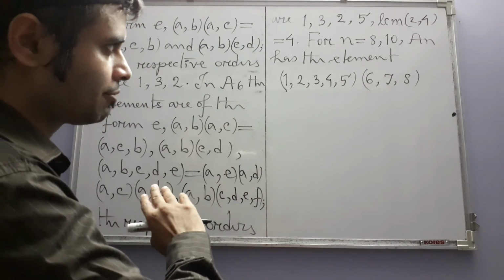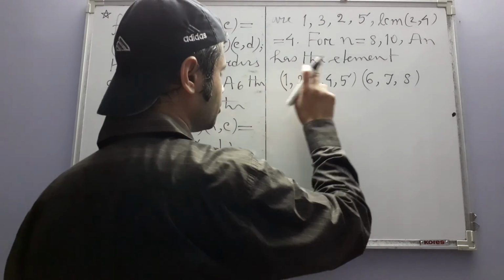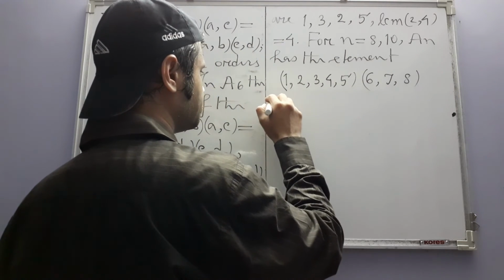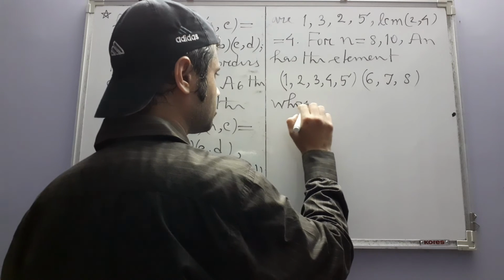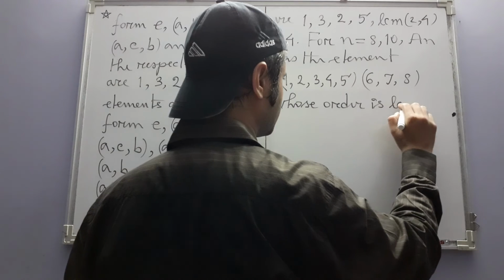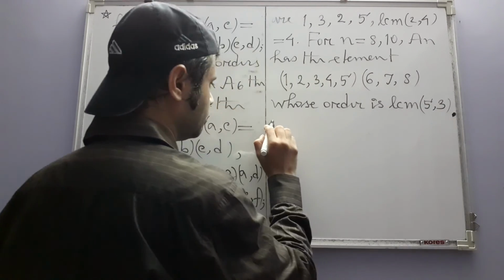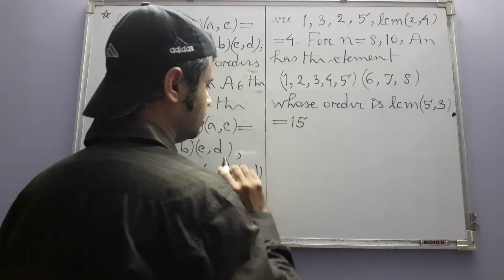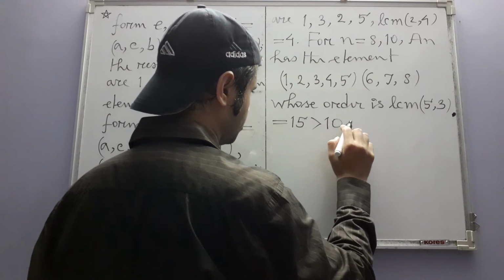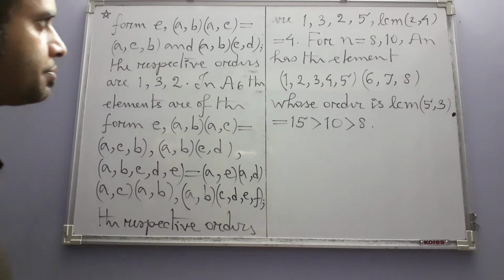When n is 10, you have 2 additional symbols, but you just don't use them. So in both A8 and A10, you will have this element whose order is the LCM of 5 and 3. This is equal to 15, and 15 of course is greater than 10. So automatically that is greater than 8 also. Okay.